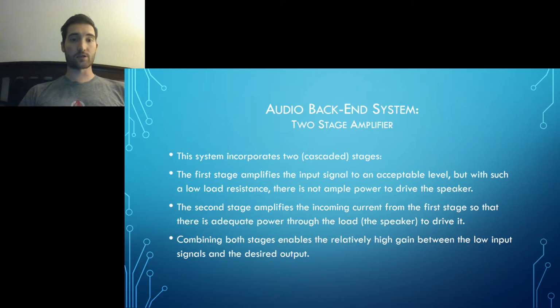So the second stage is added in, and it amplifies the current from the first stage so that there is adequate power, and combining both stages makes it so that there's relatively high gain between the low input signal and the desired output signal.